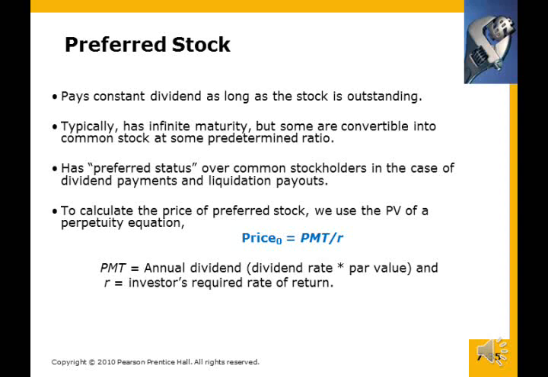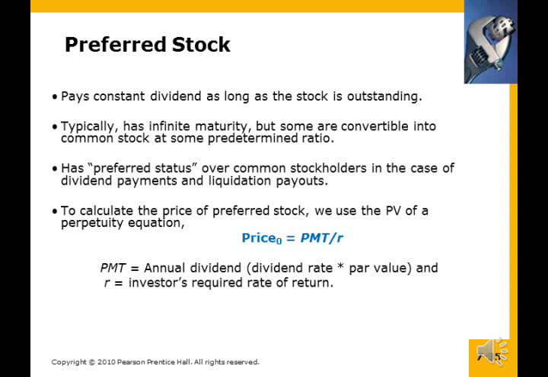So, preferred stocks pays constant dividend as long as the stock is outstanding during the maturity life of the stock. The preferred stock has infinite maturity, like all stocks, but at the same time, some of them can be convertible into common stock at some predetermined ratio.